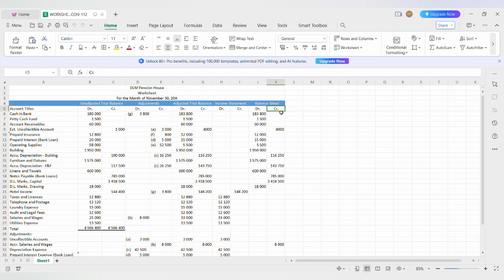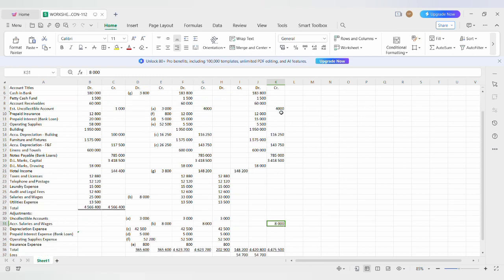On the other hand, the accounts uncollectible account, accumulated depreciation of building, accumulated depreciation of furniture and fixtures, notes payable, capital, and accrued salaries and wages are allotted on the right side because their normal balance is credit.